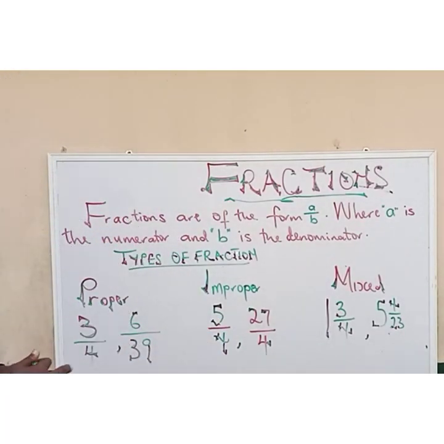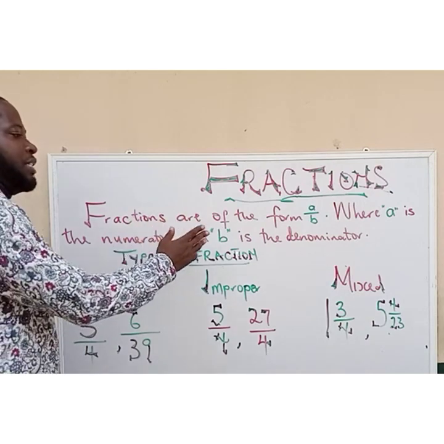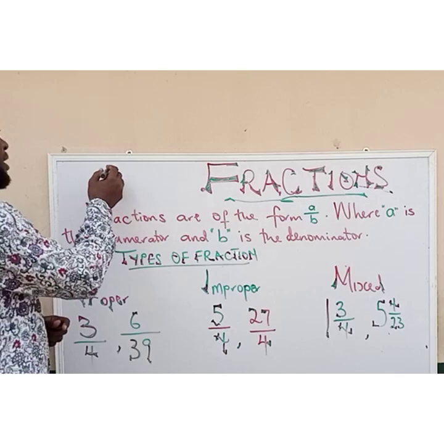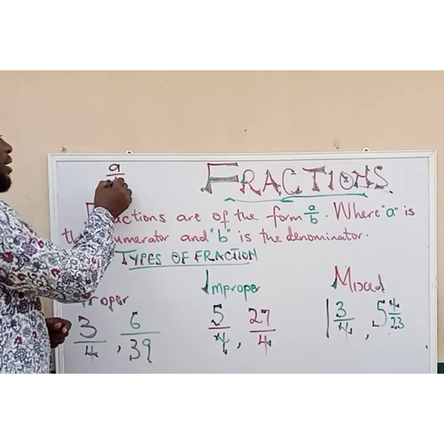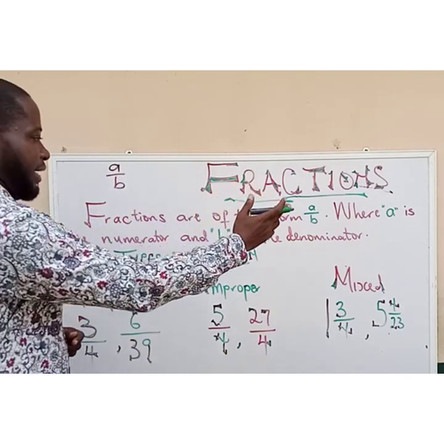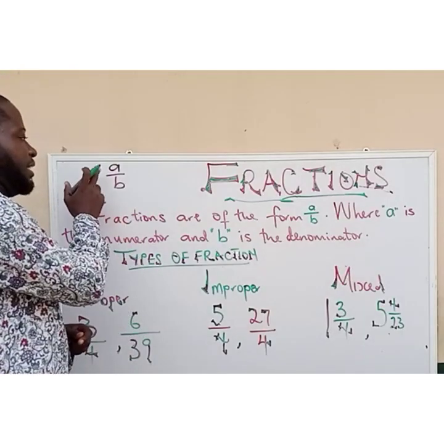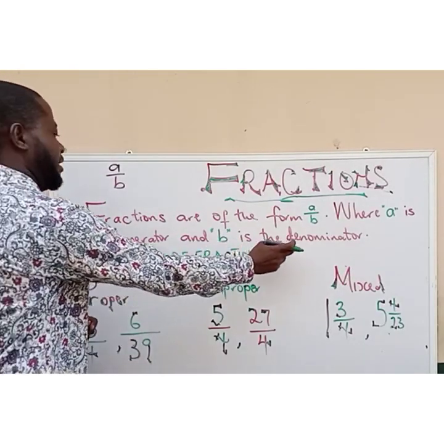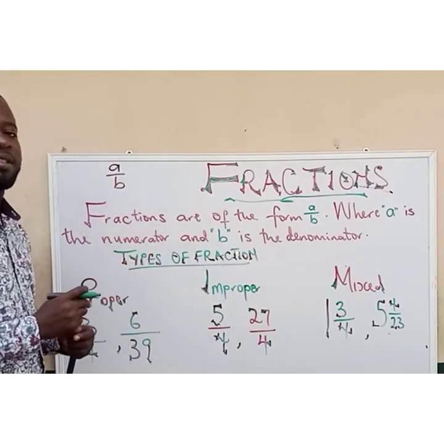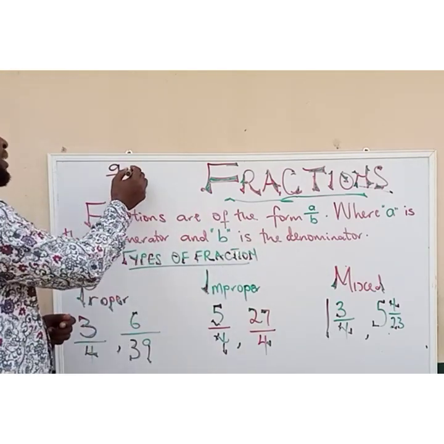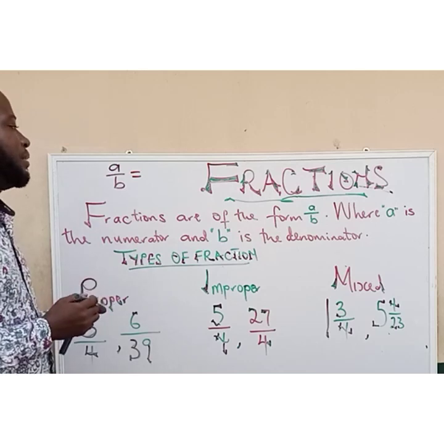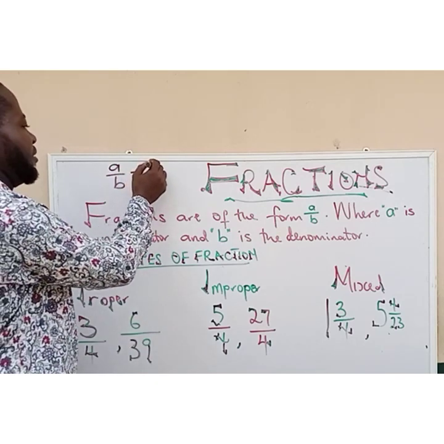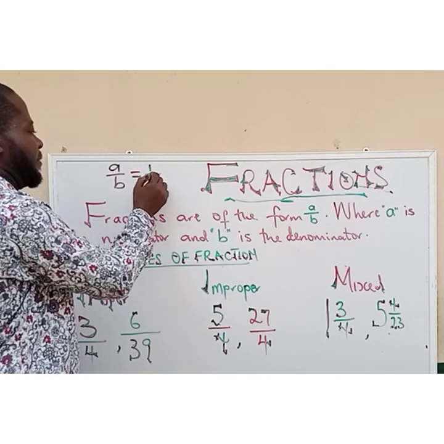When we talk about fractions, fractions are of the form a all over b. That is, fractions are always in this format, a all over b, where a is the numerator and b is the denominator. In most occasions, they are always numbers.